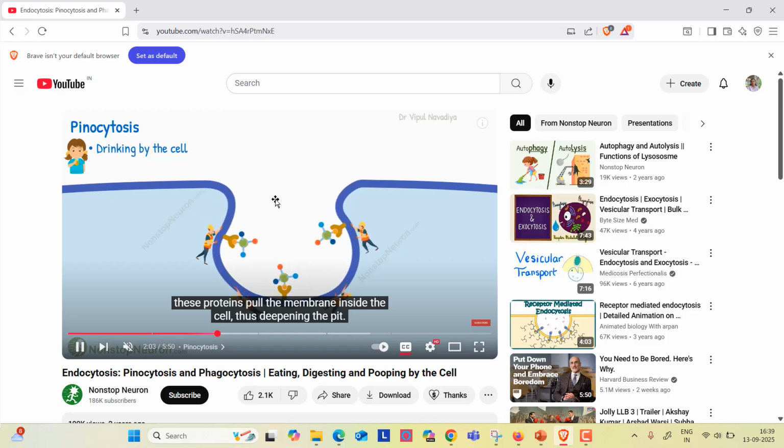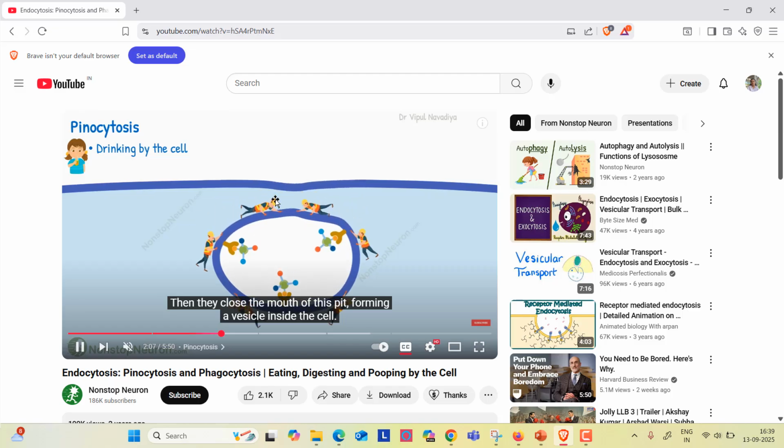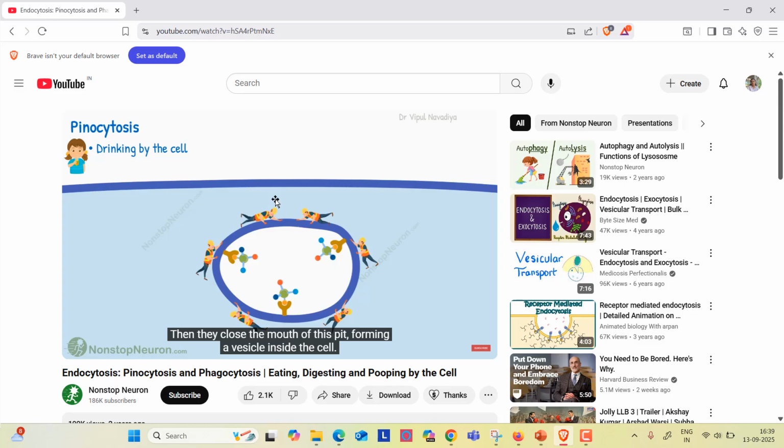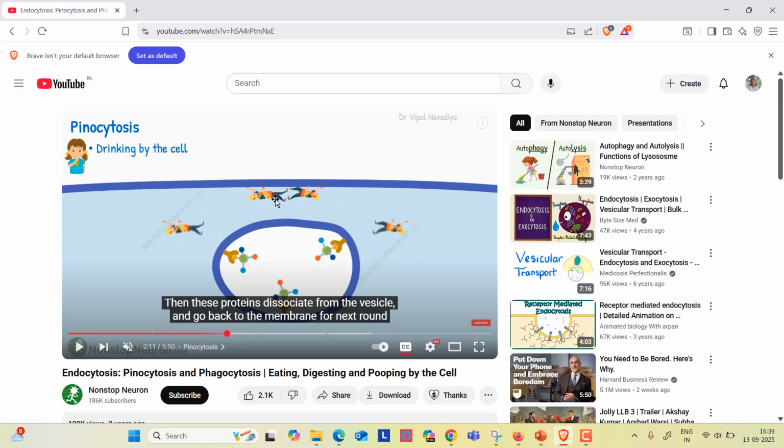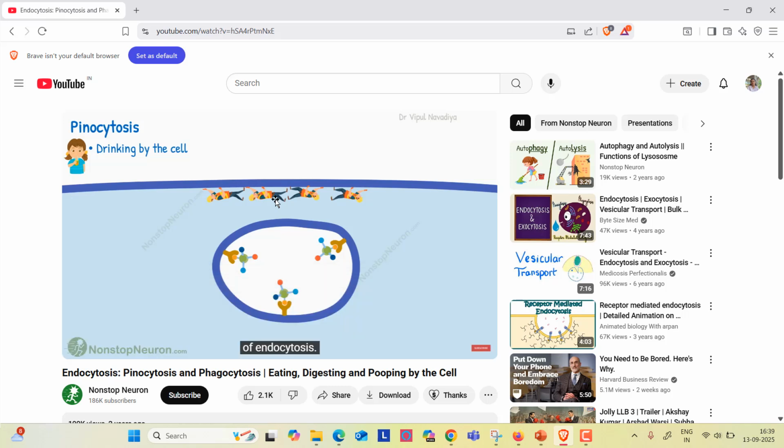See how this pit is deepening. Then they close the mouth of this pit, forming a vesicle inside the cell, right? These proteins dissociate from the vesicle and go back to the membrane for the next round of endocytosis.